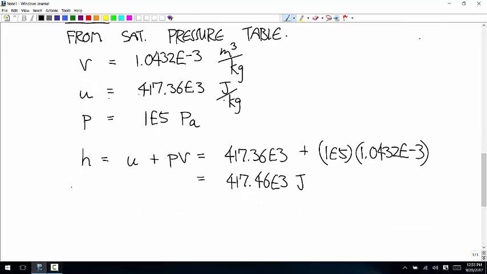That's the specific enthalpy. To get the true enthalpy that you'd use in an energy equation, you just have to multiply by the mass. So what did I say, 2 kilograms? So 2 times H, and we get 834.93 times 10 to the 3rd joules.